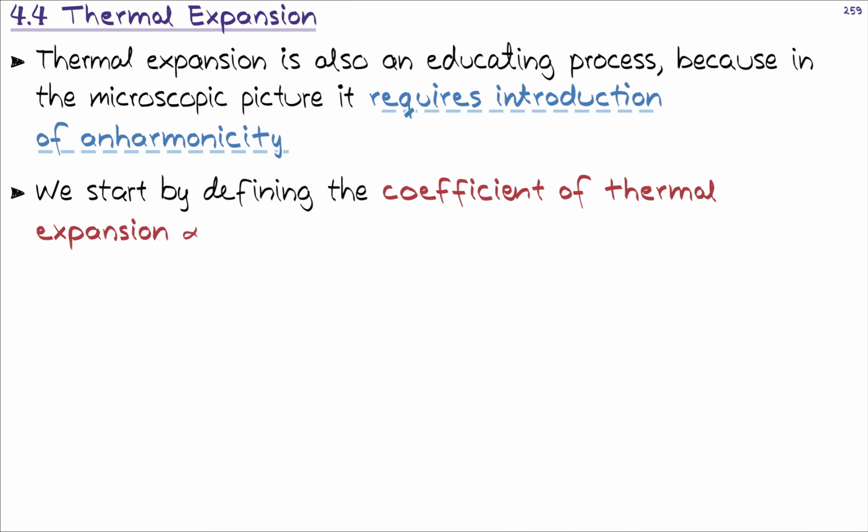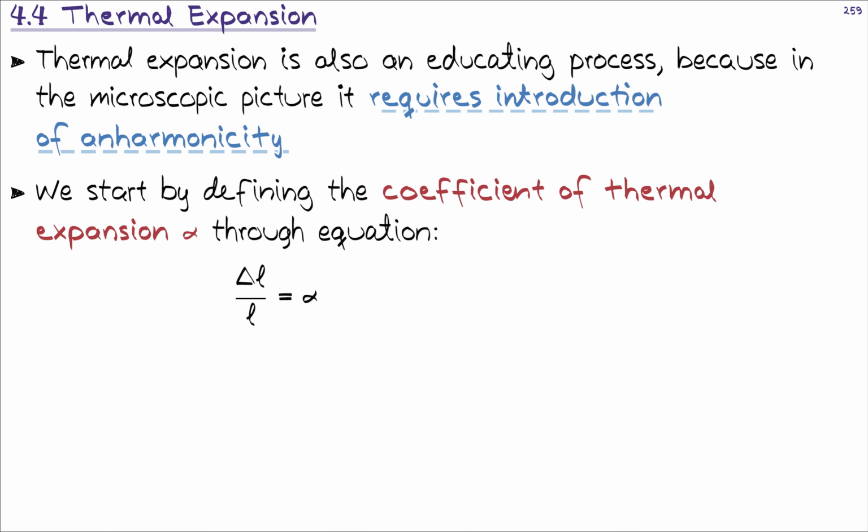So we start by defining the coefficient of thermal expansion, alpha, through an equation where we look at the relative change of the length of our solid. We start with a solid that has a length L, and delta L is the small change when we change the temperature.